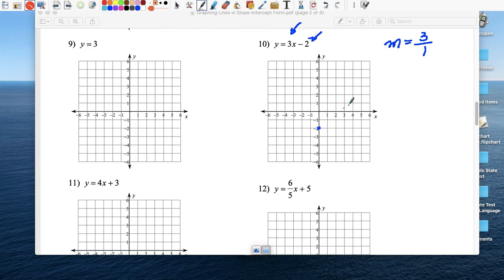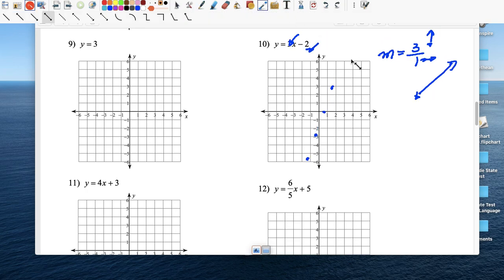So if I have a line, it has a positive slope, so it means it goes like this, and it crosses the y-axis in the negative. So I already have 1 point. Going up, 1, 2, 3, and 1 to the right. If you go down, it's 1, 2, 3, and 1 to the left. More than enough points. Let's connect the dots.